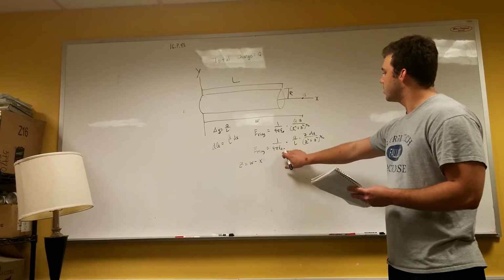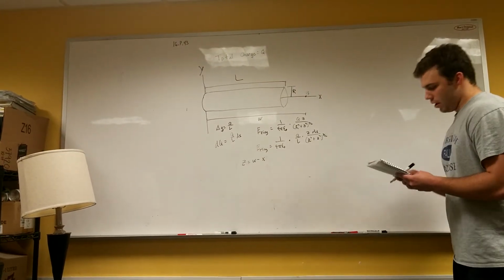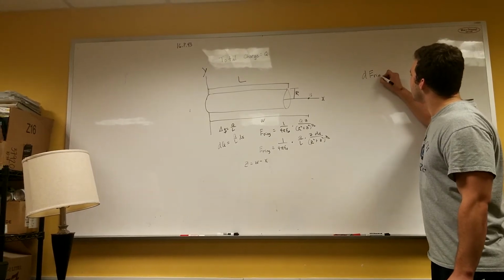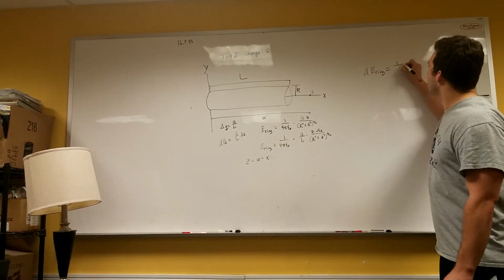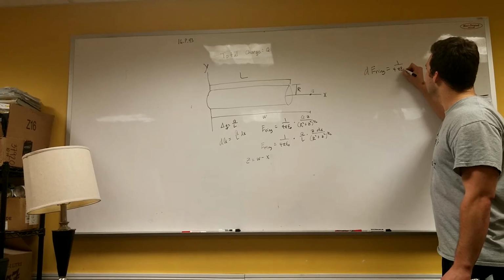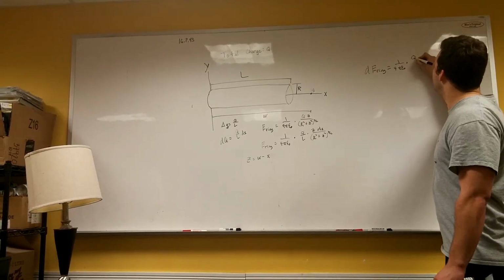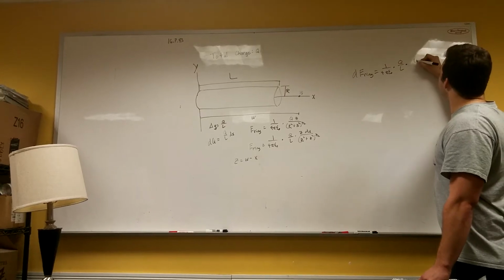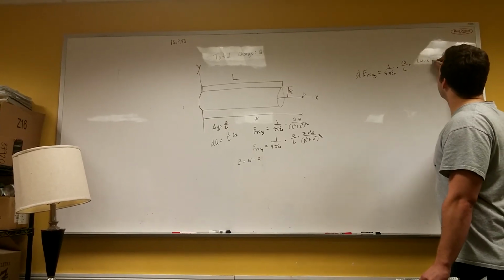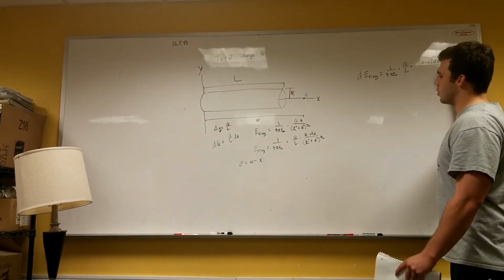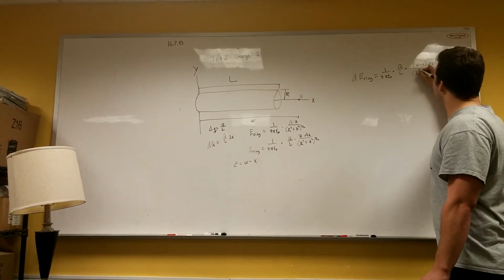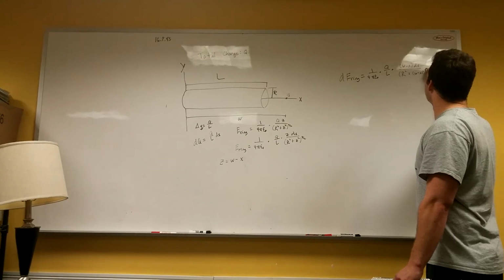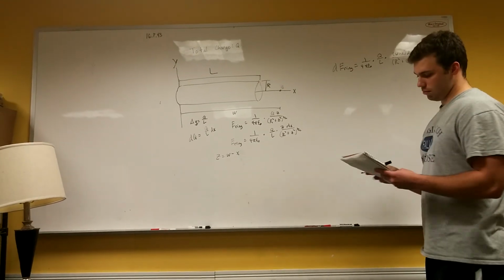So when we plug this into the formula, dE ring is equal to 1 over 4 pi epsilon naught times Q over L times W minus x dx over R squared plus W minus x squared all to the 3/2.